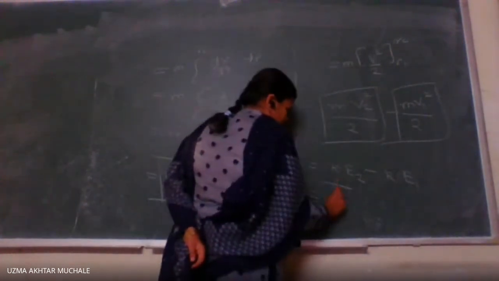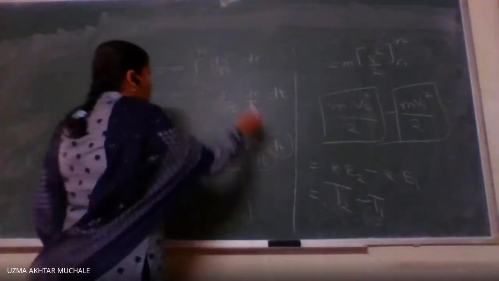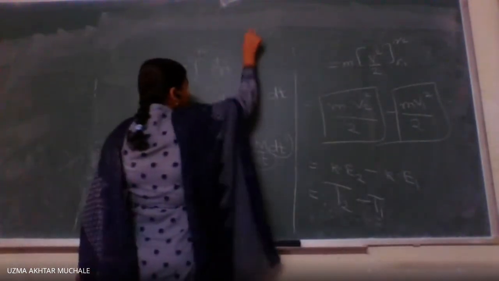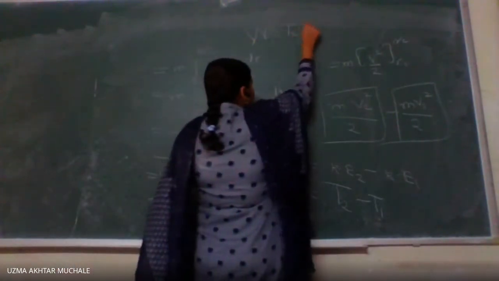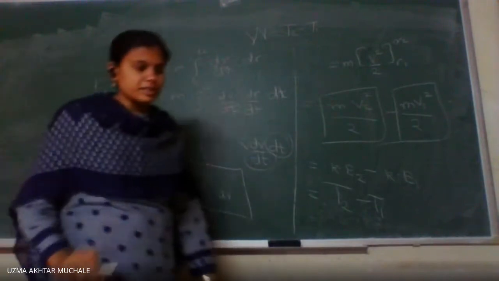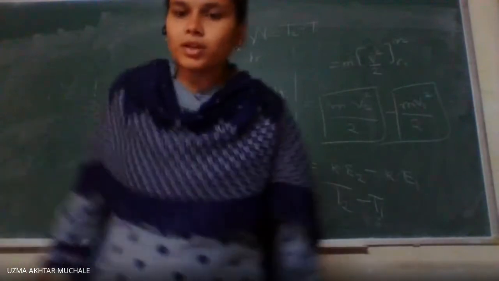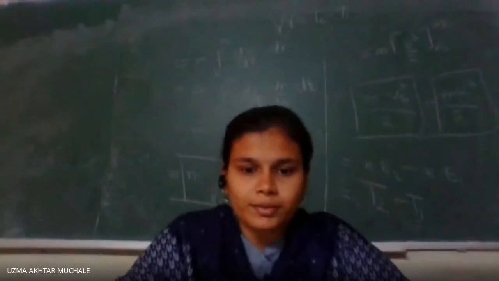So we can denote it by T2 minus T1. So what is the total work done? We have found integration of dW. We have found W equals T2 minus T1. Okay, if it is somewhat not visible for you, let me repeat this from your notes that I am going to provide you, and then we'll go for the next one.